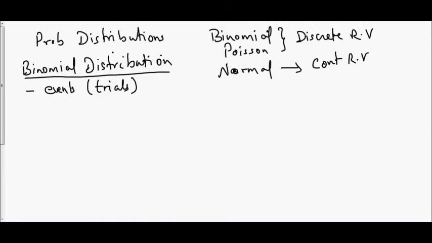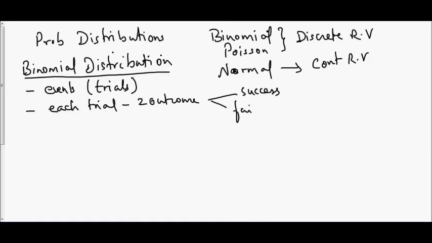So the trials are repeated, and each trial has only two outcomes, which are here success or failure, and you don't have any other outcomes from each trial. And the probability of success for each trial should be the same, as well as the probability of failure.